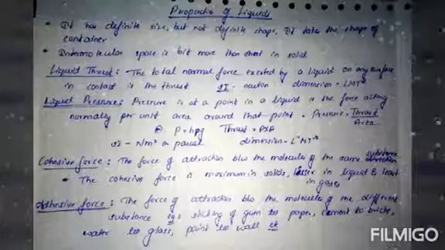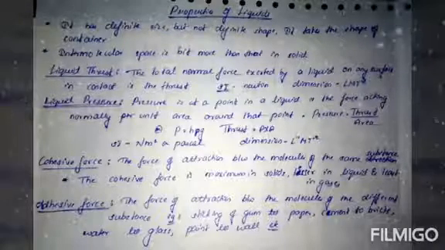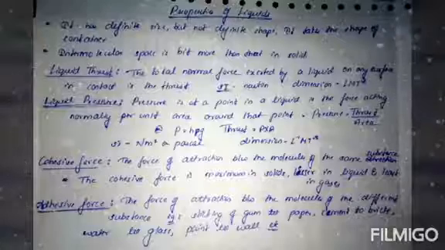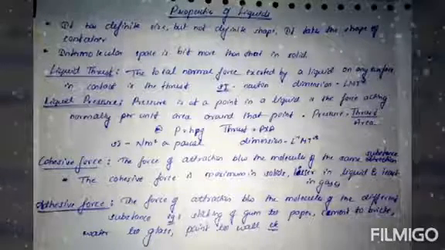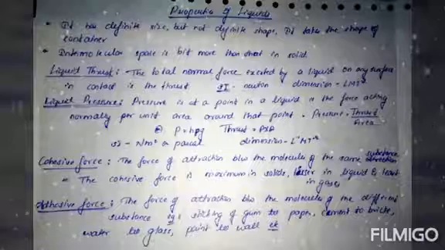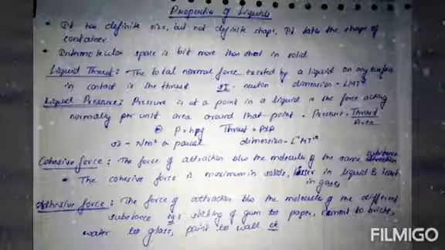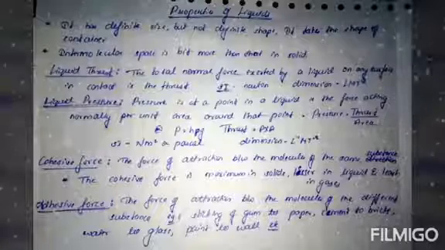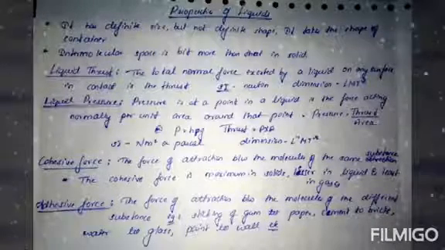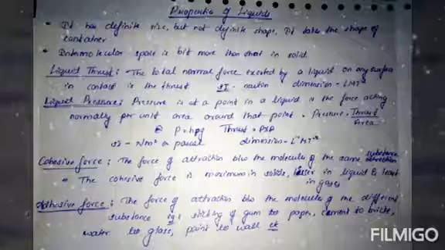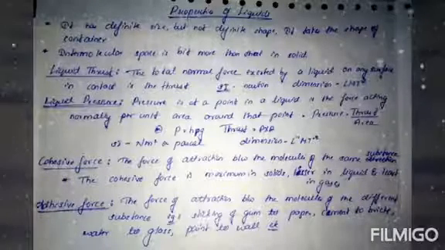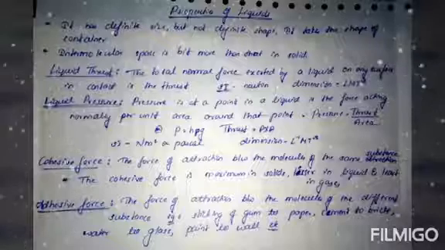Then what do you mean by liquid pressure? We have some liquid, and at one point in it we have liquid pressure. The force acting normally per unit area around that point is called liquid pressure. So here is the definition: pressure at a point in a liquid is the force acting normally per unit area around that point.